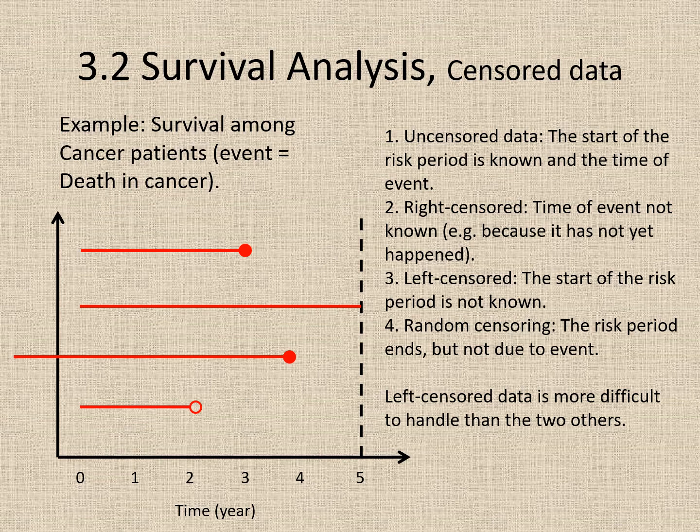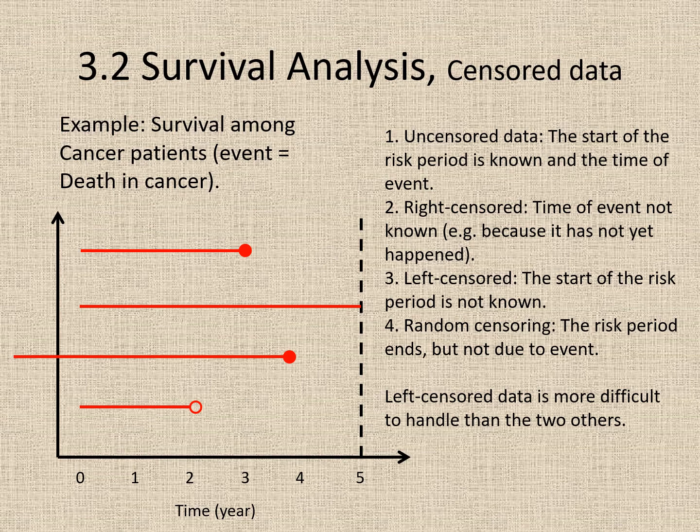And the last example here, random censoring. We have a person, we know when his or her risk period starts, and we know when it ends. But it ends not due to the event, but due to something else. So if we, for instance, want to predict death in cancer, and all our subjects or patients have cancer.